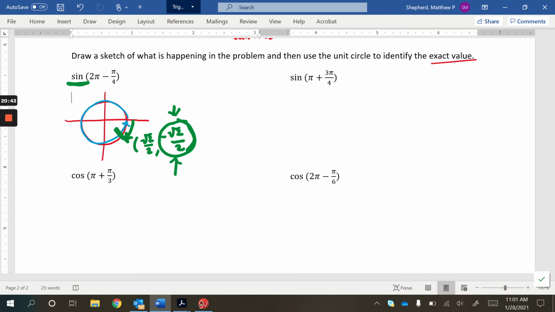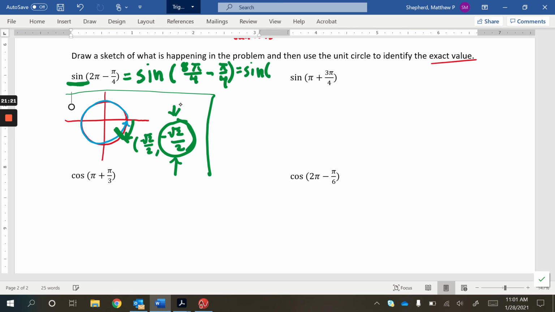Now, that's me imagining kind of what's happening using the unit circle. There is another way of approaching this. We can go ahead and figure out what radians we're using by adjusting what's in there. So I could do sine, and I want to make 2 pi have a common denominator. So I would multiply it by a 4 over 4. So I'd get 8 pi over 4 minus a pi fourths, which would then just be the sine of 7 pi fourths.